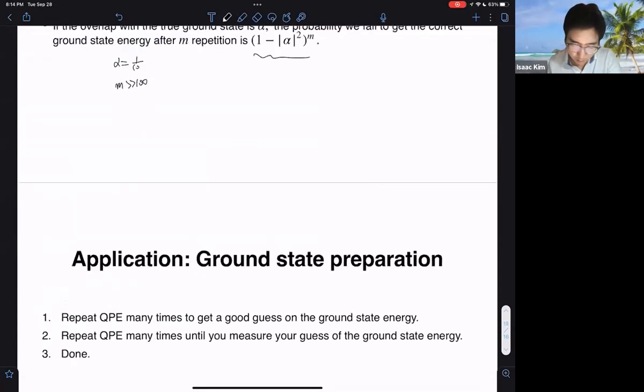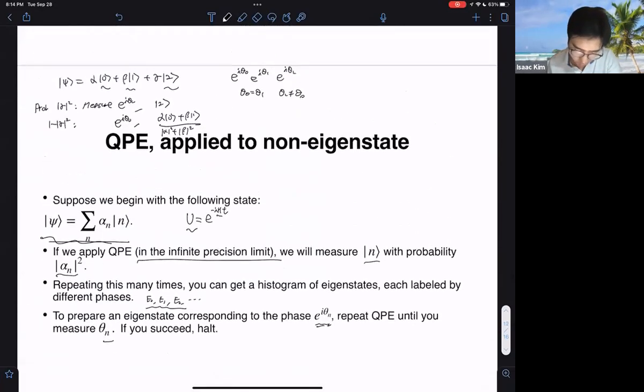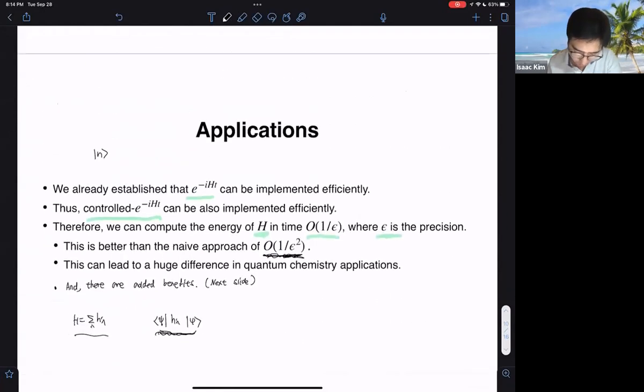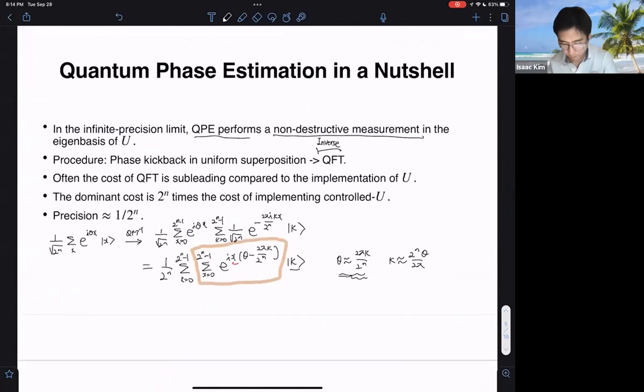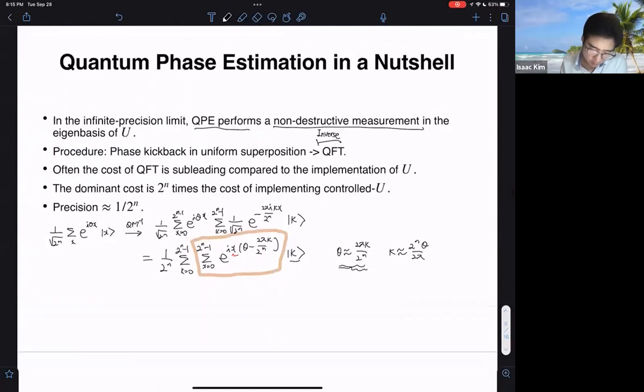For the quantum phase estimation, you get 1 over epsilon, because I skipped that part very quickly. In quantum phase estimation, the dominant cost is 2 to the n times the cost of implementing the controlled unitary.